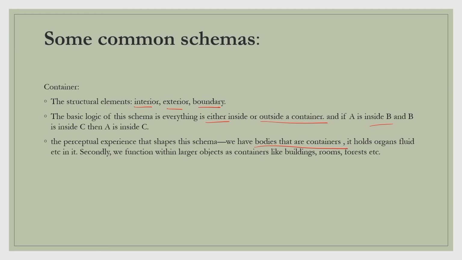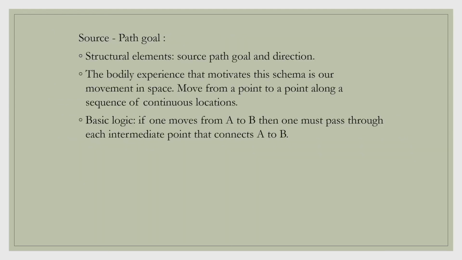Secondly, we function within larger objects like buildings, rooms, forests, etc. So, not only is the body itself like a container, it also is contained by other objects, and more superimposed categories can be thought of. So, the idea of containment is a fundamental lived experience which gives rise to the container image schema.